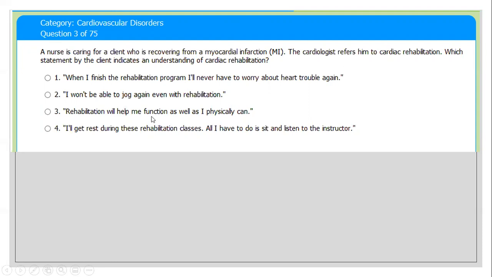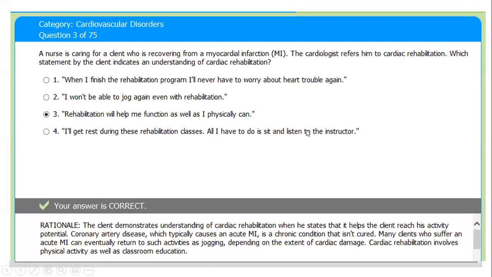Rehabilitation will help me function as well as I physically can, for I will get rest during these rehabilitation classes. And all I have to do is sit and listen to the instructor. The correct answer says rehabilitation will help me function as well as I physically can.